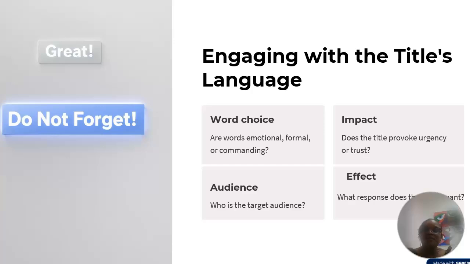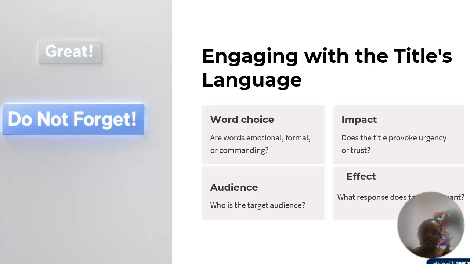Or maybe they're directive. Something else to think about is who the target audience is. From the title, can you guess who is being targeted? Does the title expect the audience to do something? What response does the writer want from the audience? What response do they try to provoke?